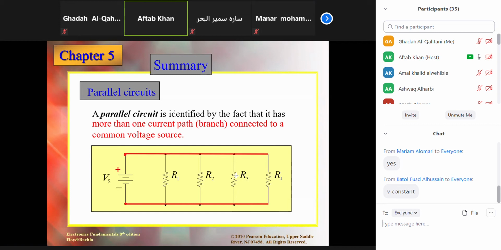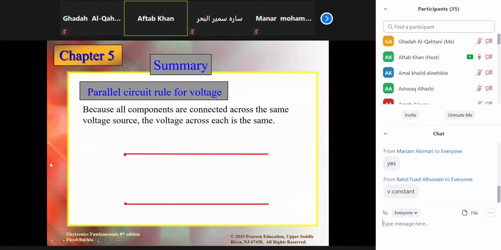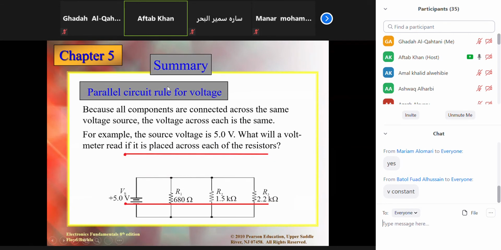If I put a voltmeter across any resistance to check how much the voltage is, let's suppose this is a 5-volt battery. We have a 5-volt battery connected here, and some resistance values R1, R2, R3, and you can see all the resistances are different, but the voltage across them is going to be the same.